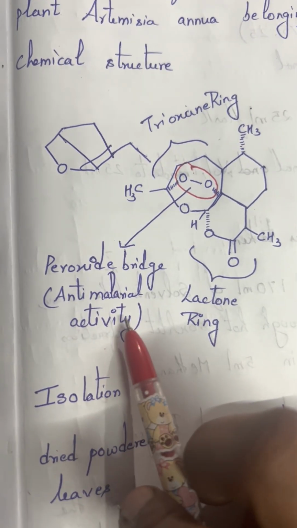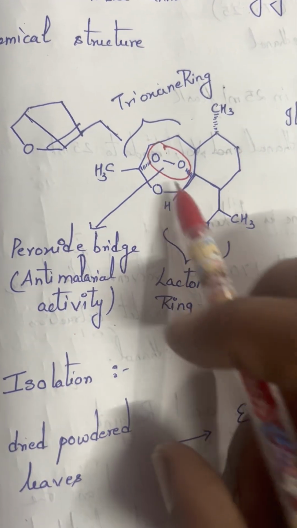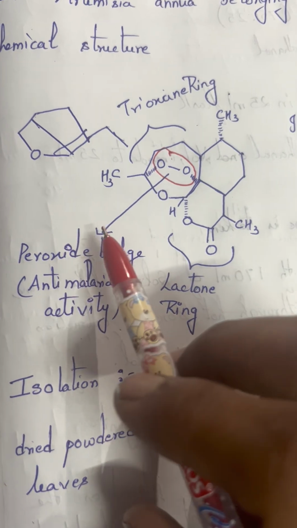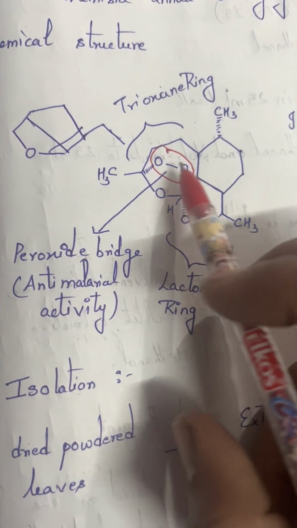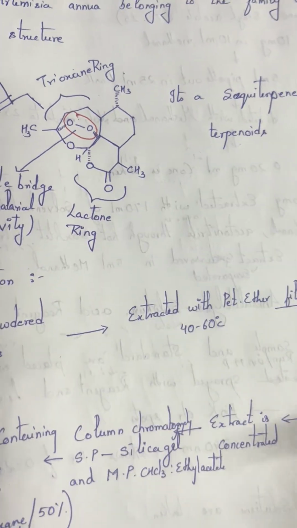The most potent activity of artemisinin is anti-malarial activity. This is because of the presence of the peroxide, the endoperoxide bridge, which is present inside this trioxane ring. Okay, that is about the structure.